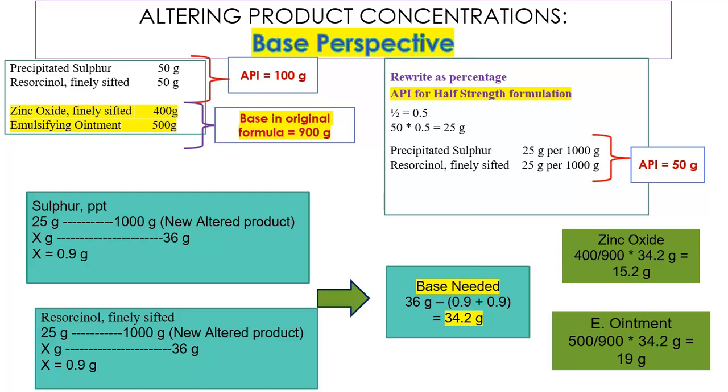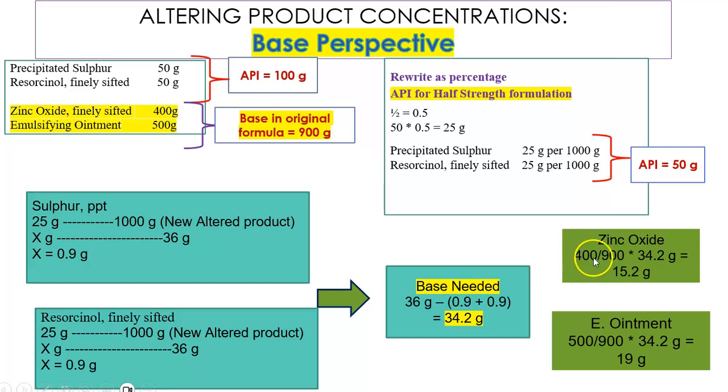All you have to do is look at the ratio of the zinc oxide to the emulsifying ointment and figure this out. So the zinc oxide is 400 to 900 grams because it's the base that you're looking at, and that's why I labeled this base perspective.